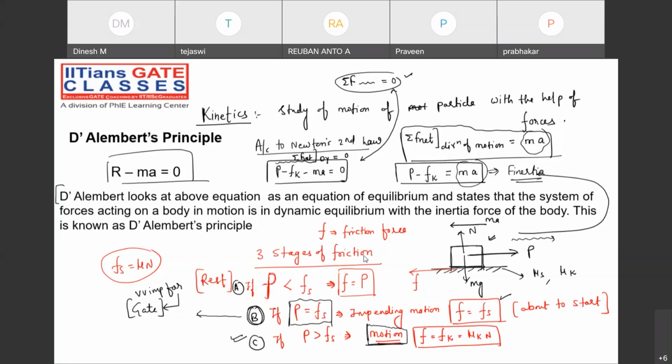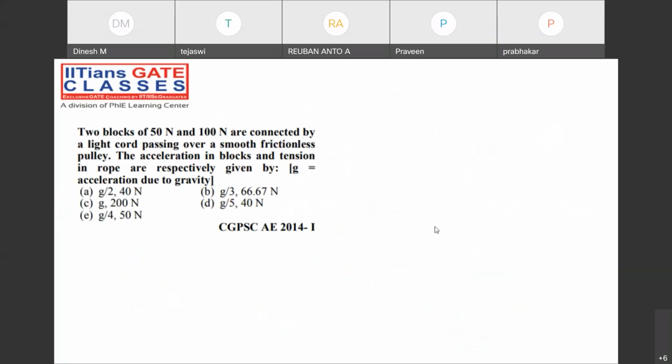Now try to look at the problem that has been asked in CGPSC assistant engineer. There are two blocks connected by a light cord passing over a smooth, frictionless pulley. One block is 50 Newton, and the other block is 100 Newton, placed something like this.